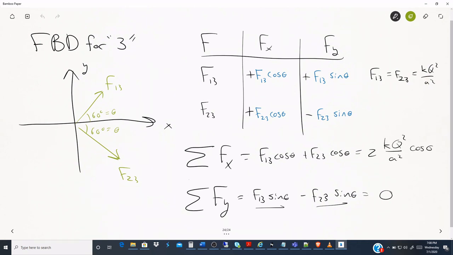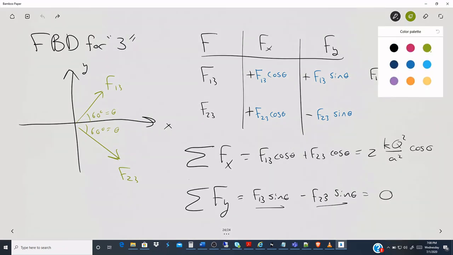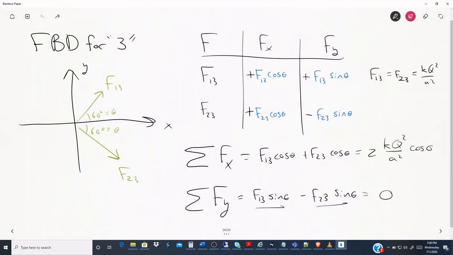Just simply notice that when I add these together, tail to tip, I'm going to get something roughly that points to the right. You see that? Let me use a different color. So I can follow F13 first, then I can follow F23 second, and then I get a resultant vector that points like this.